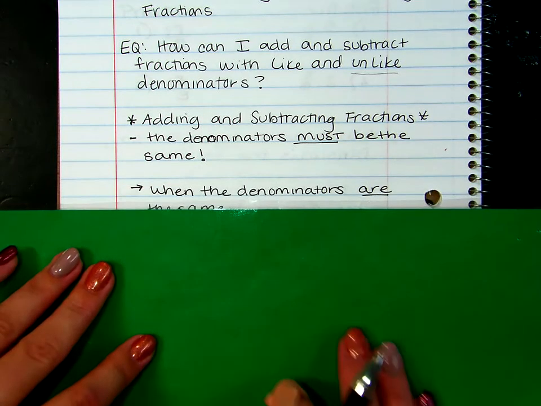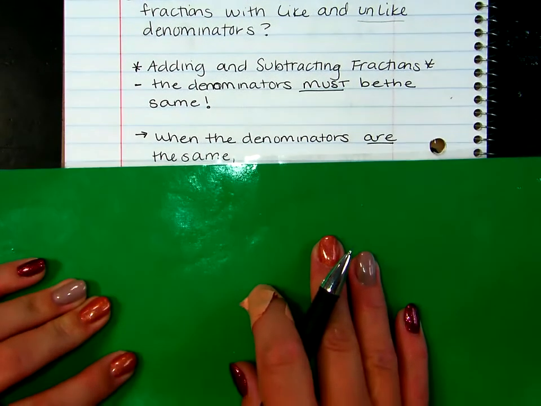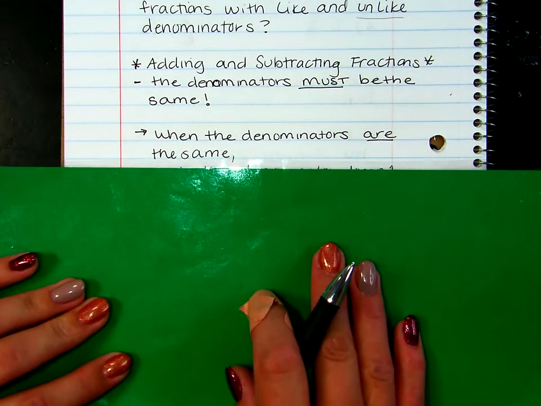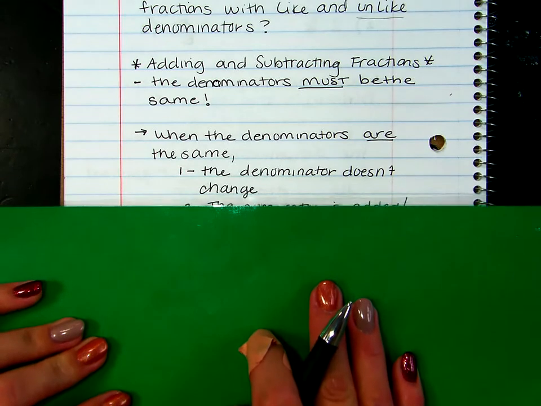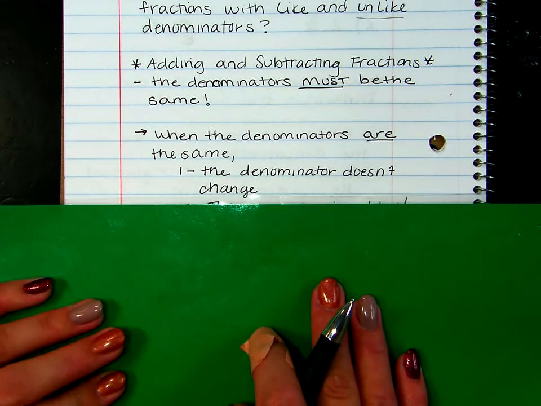So when our denominators are the same, our process of adding and subtracting our fractions is fairly simple. First, the denominator does not change. Because our denominators are the same, we're going to leave it be.